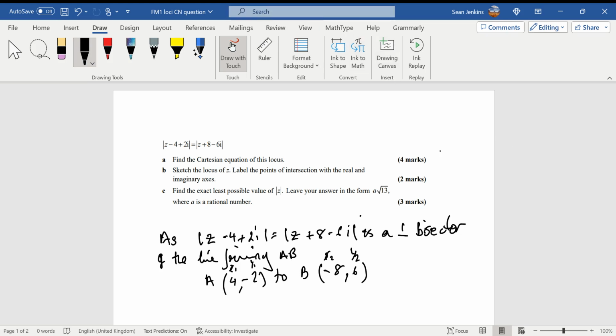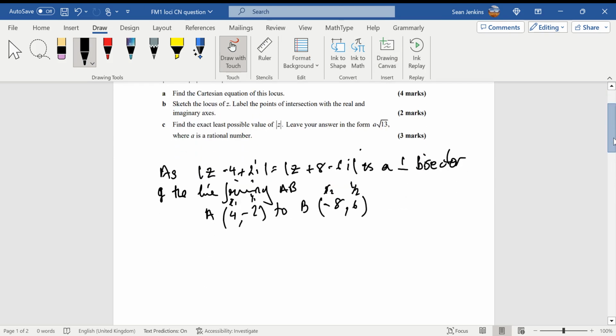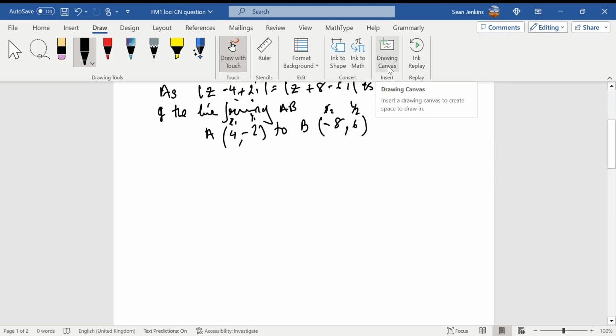Then we can look at the line AB and find the gradient. So let's find the gradient.